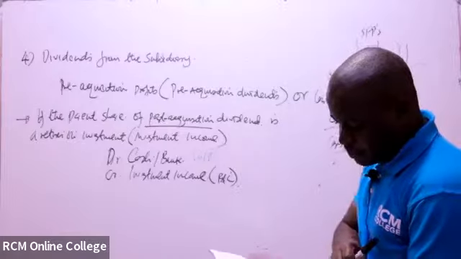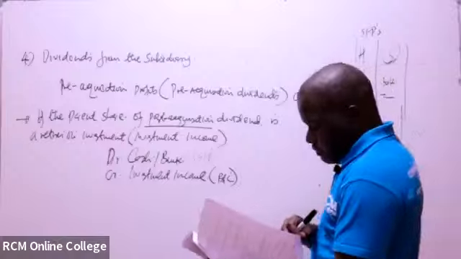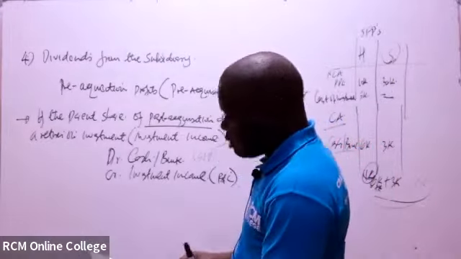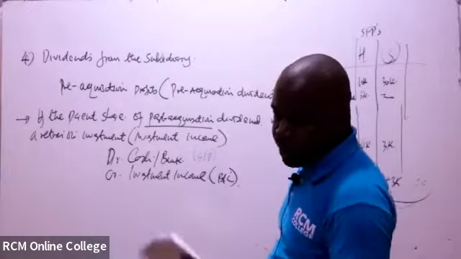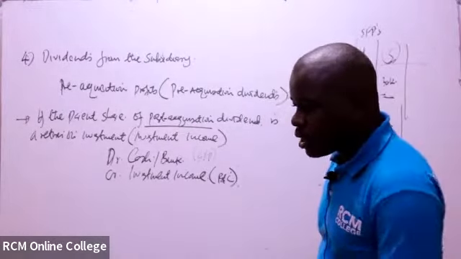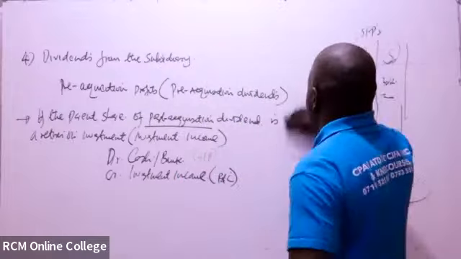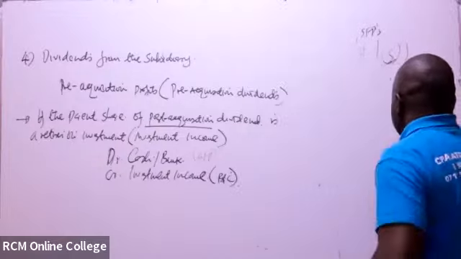Because now I want us to look at another important area. We call it goodwill. So number 5, you can write goodwill.